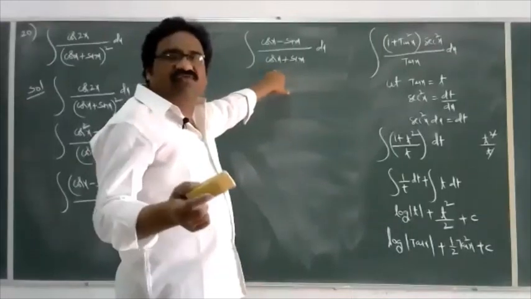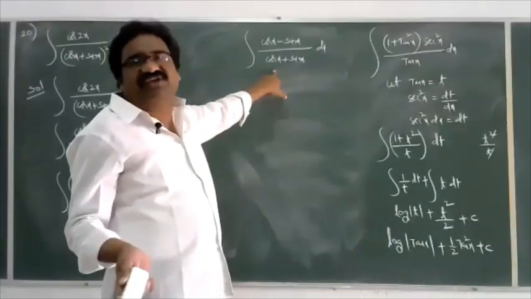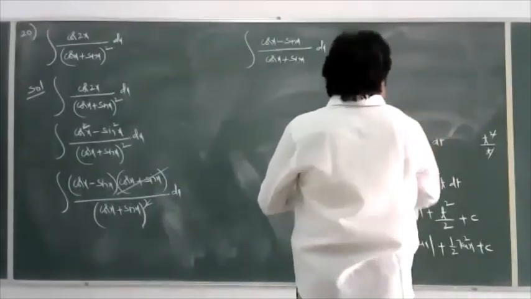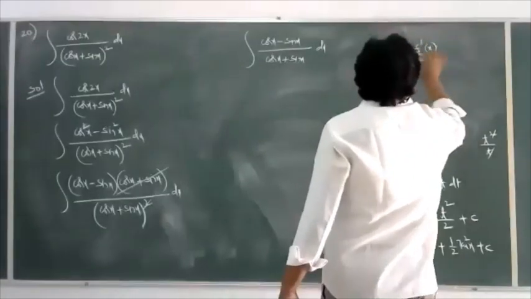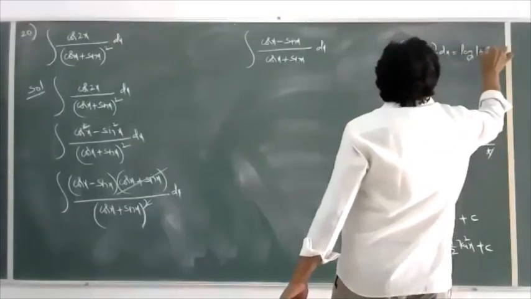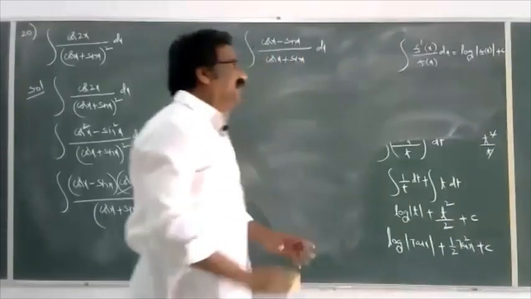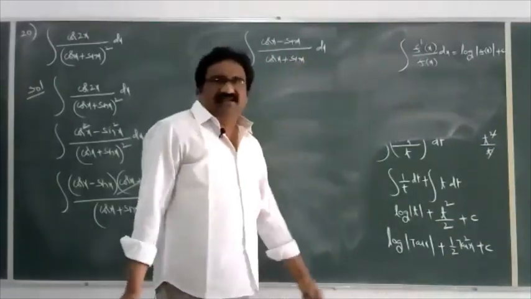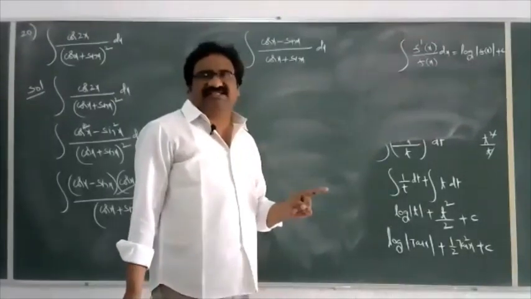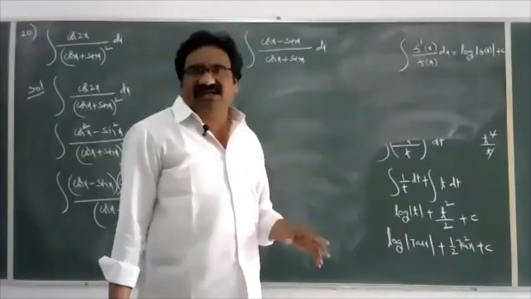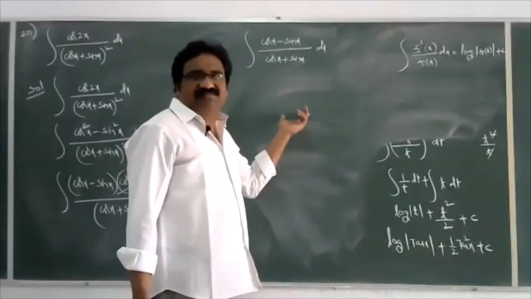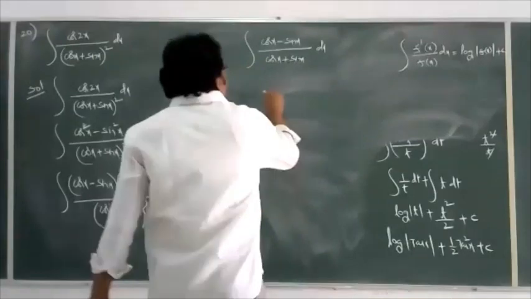Otherwise, you can go for the formula: integral f dash x by f of x into dx is equal to log mod f of x plus c. If the denominator derivative exists in the numerator, then apply this formula, log mod denominator. Using that formula, you write the answer directly, or otherwise you go for the substitution process.